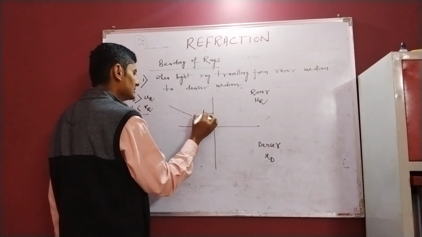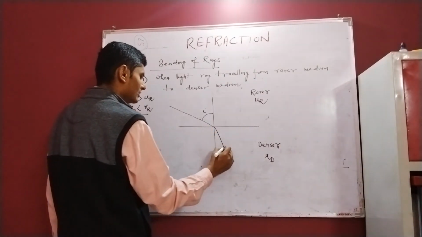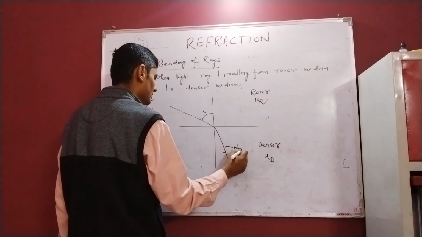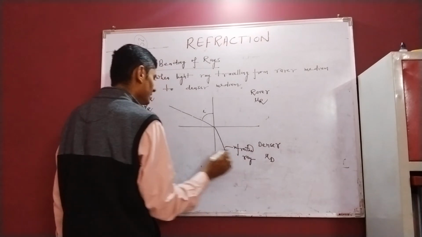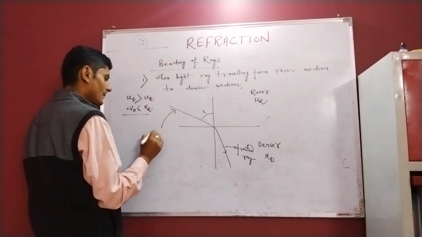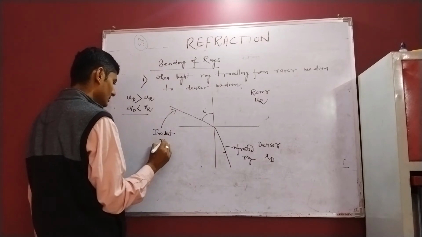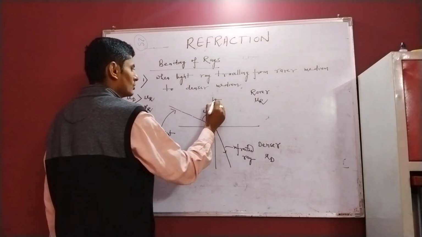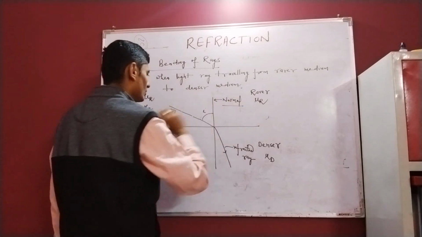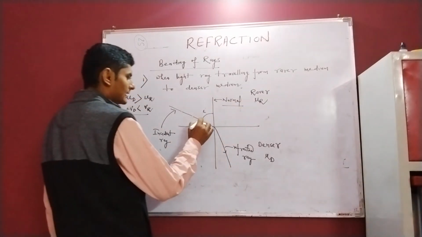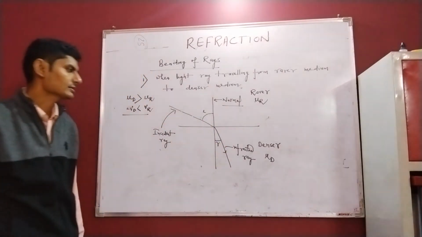This is the angle of incidence, and this one is the refracted ray. And this is the normal. This is the angle of incidence and this one is the angle of refraction.